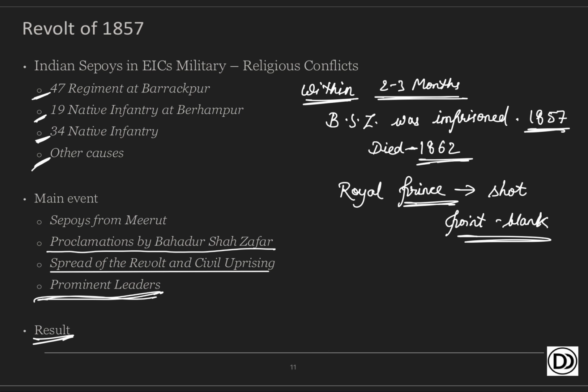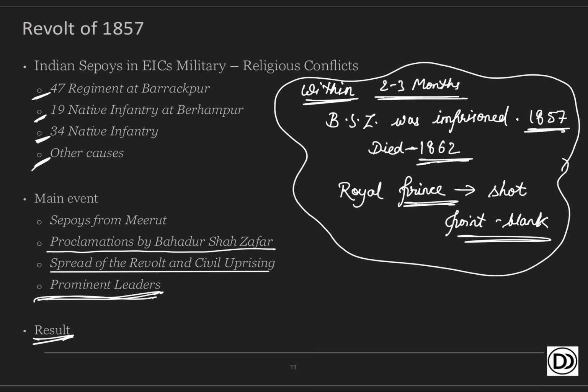And when this central authority or central figure fell, slowly, one by one, all the prominent leaders who fought, they all fell. They all lost. And the revolt disappeared. So at last, the protest disappeared.